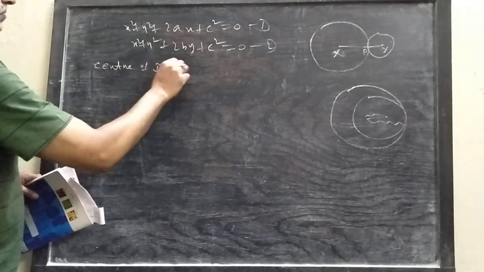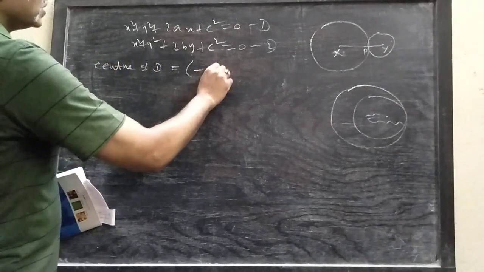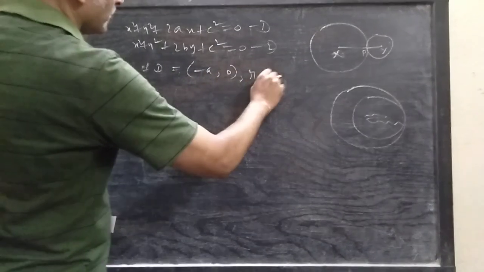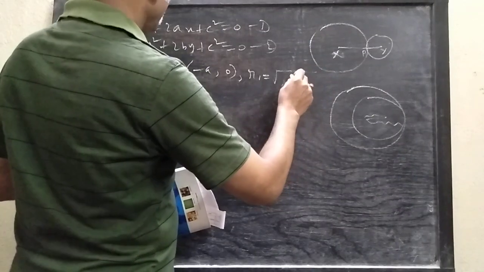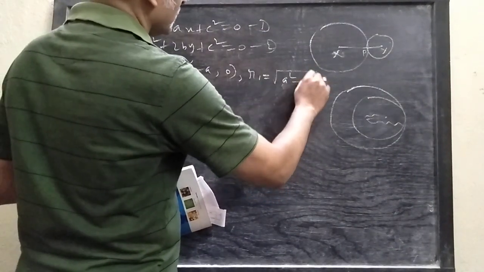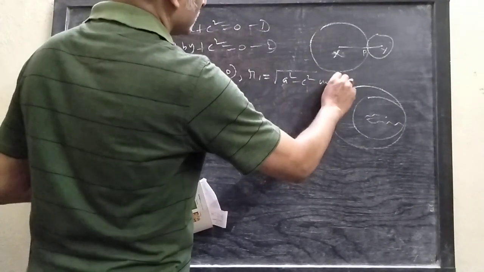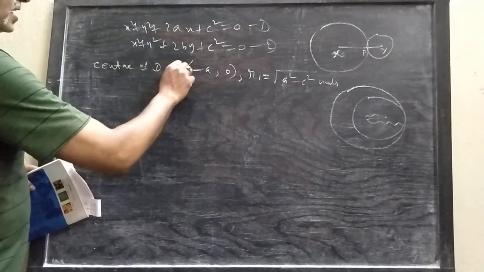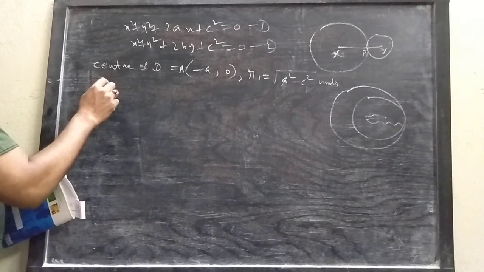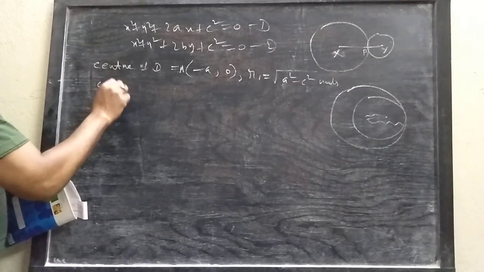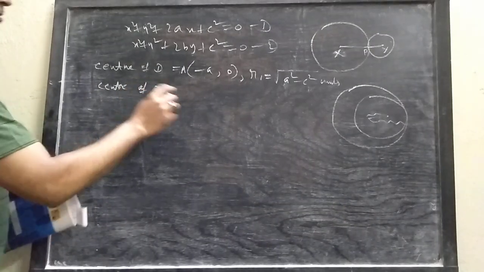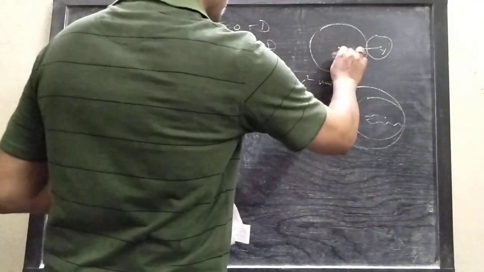Center of 1. This will be minus a, 0, and its radius, say r1, equals root over of a square minus c square units. Say the center is at A. Center of 2.